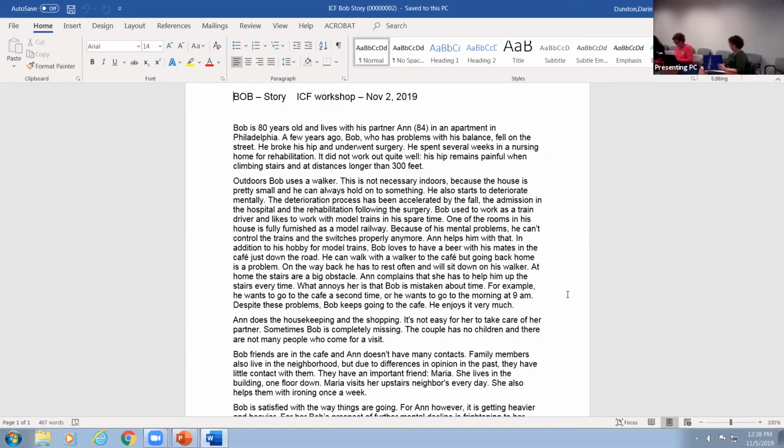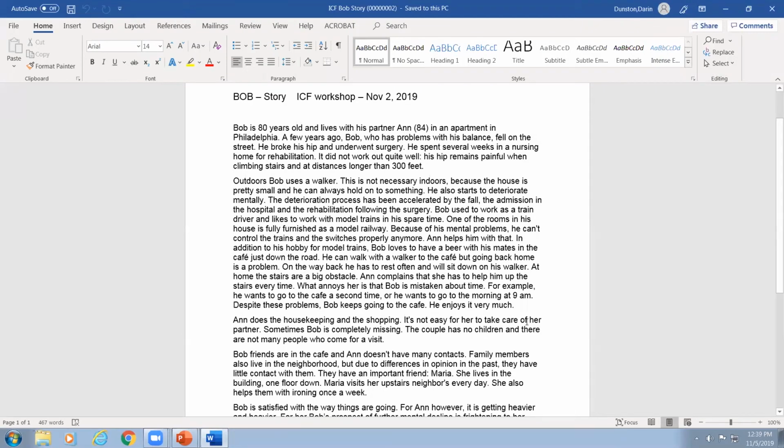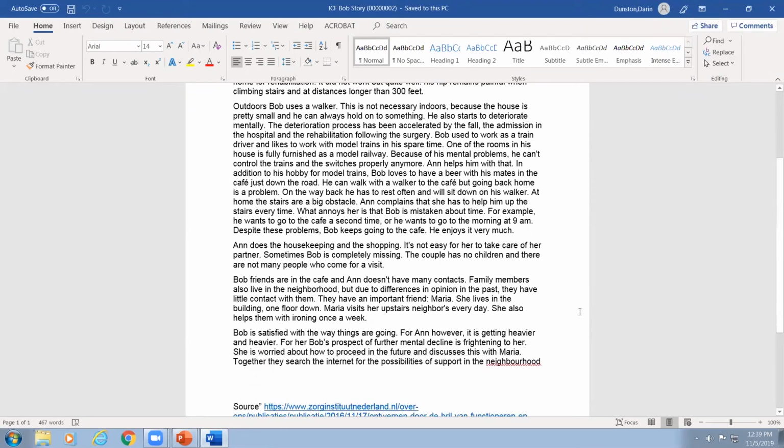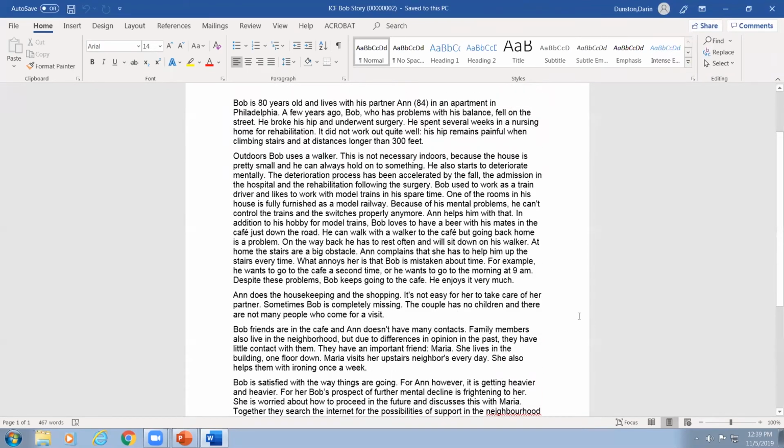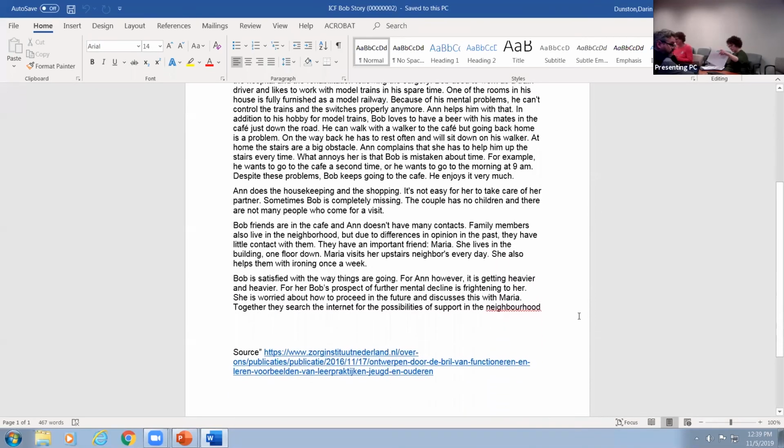So what is his health condition? Mental deterioration. Right, so he's kind of got two things going on. Because of that, he broke his hip.